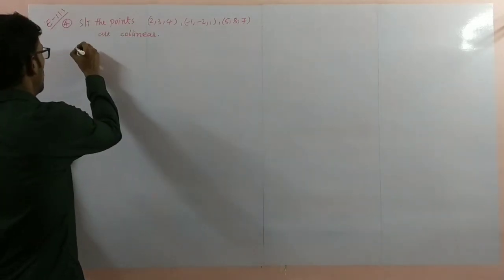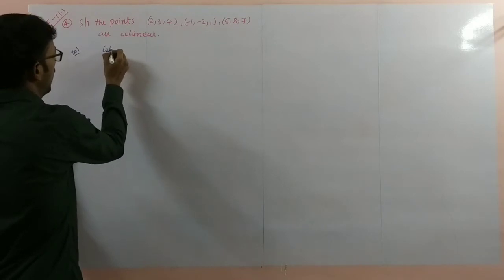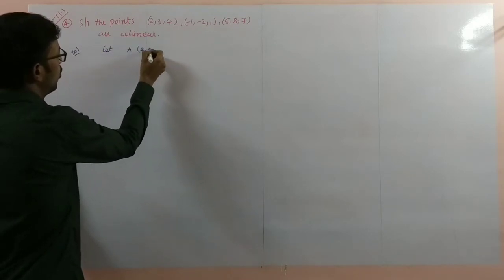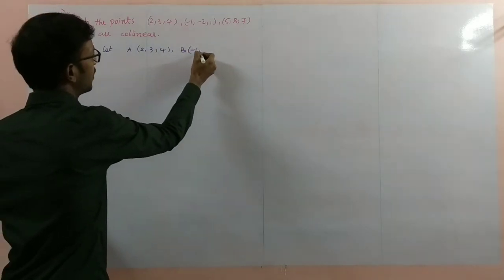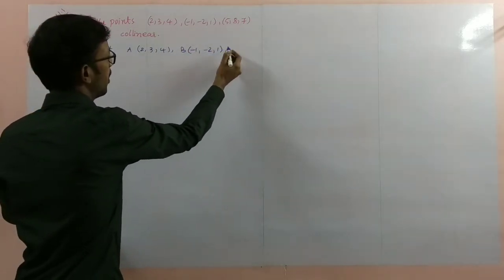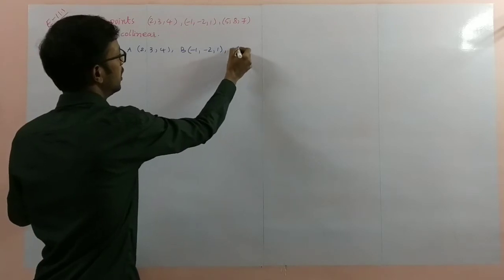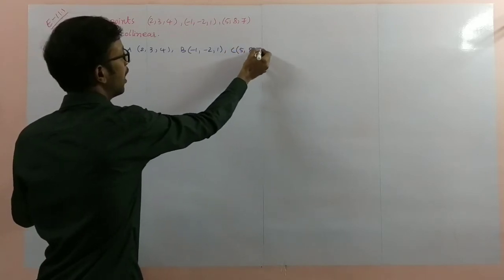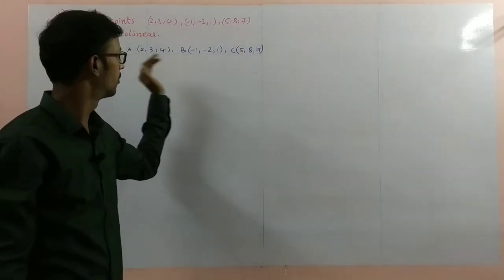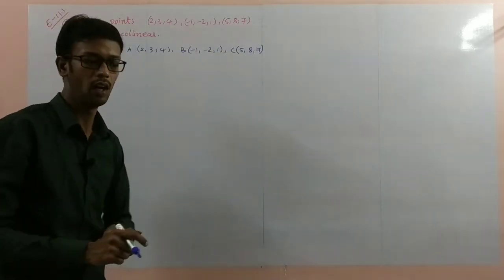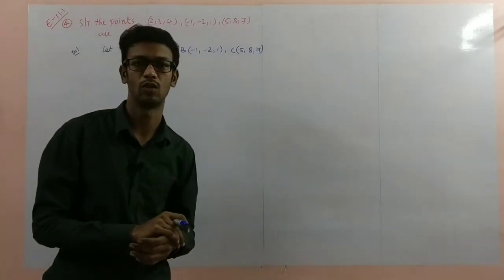First of all, the solution. Let A be 2, 3, 4, B be minus 1, minus 2, 1, C be 5, 8, 7. So you have to take the points as A, B, C. You have to find the direction ratios.